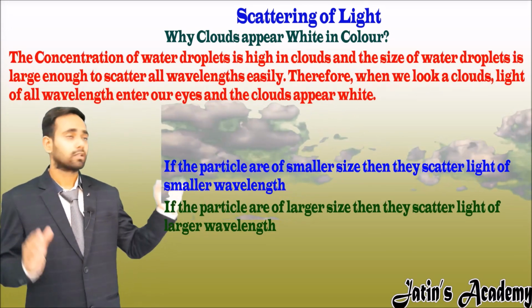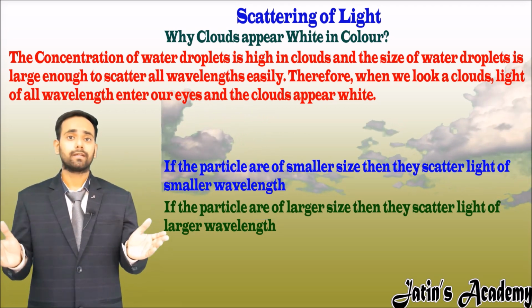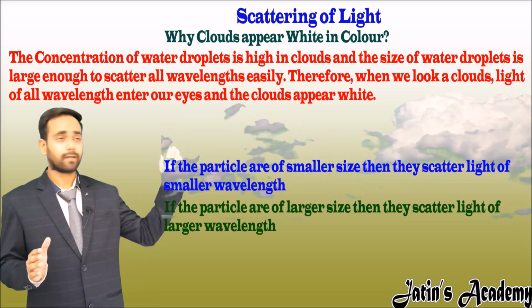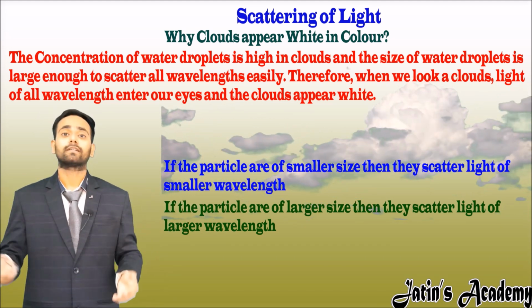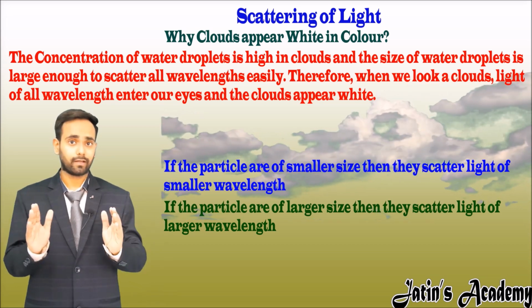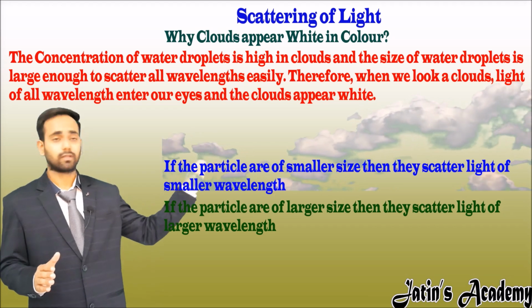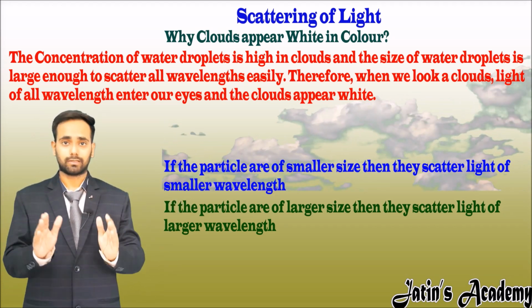In clouds, the water molecules are of larger particle size. It means the water droplets present in clouds are able to scatter light of larger wavelength. What is the larger wavelength? Larger wavelengths of light together are nothing but white light. So the particles of the clouds are able to scatter white light.